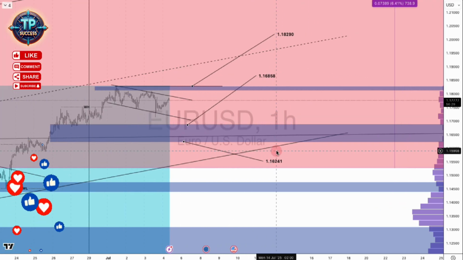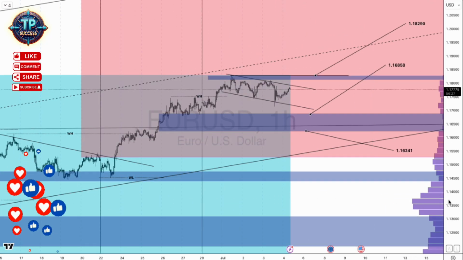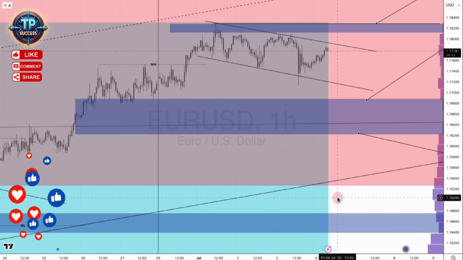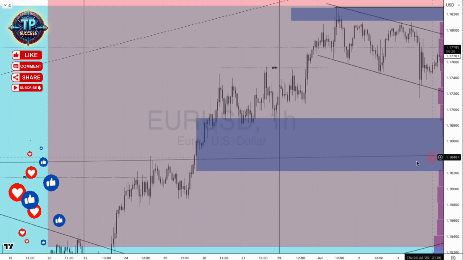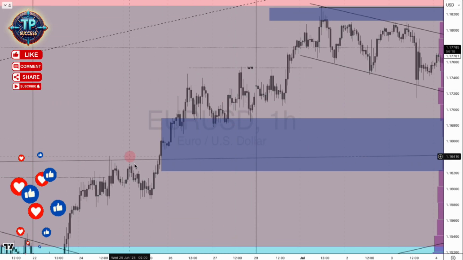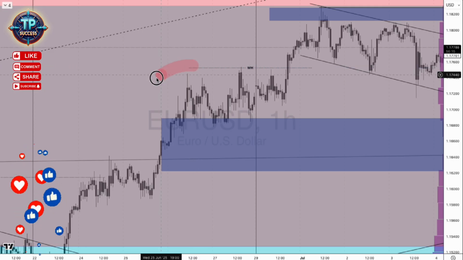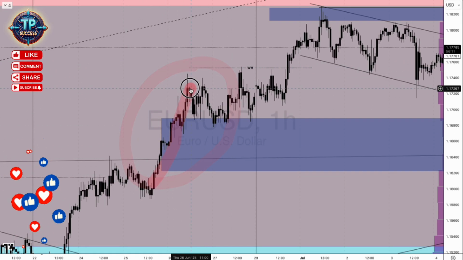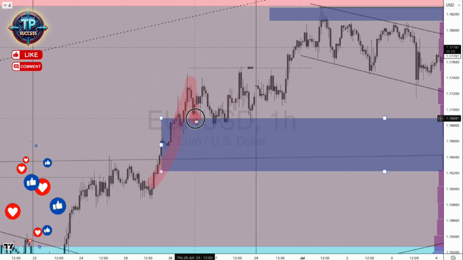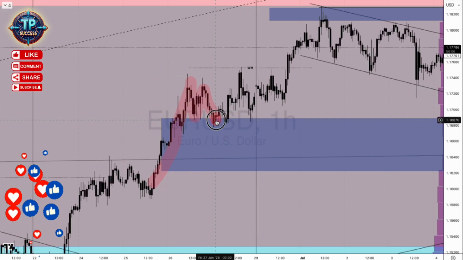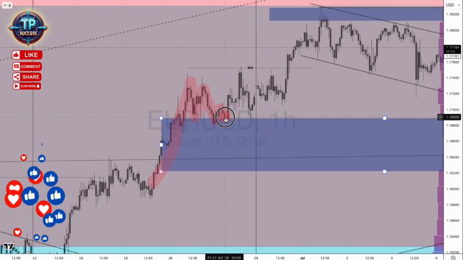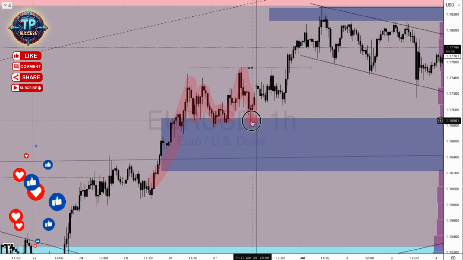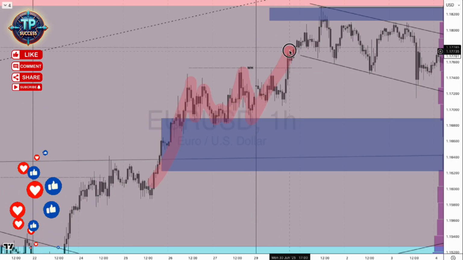Now a retest can look something like this, because we've got one here as an example to show you. What's going on in this area right here? Price has gone through, it's come back to retest, it's shot off again, come back to retest, shot off again, come back for a retest, shot off again, came back for a retest, and then it took off.